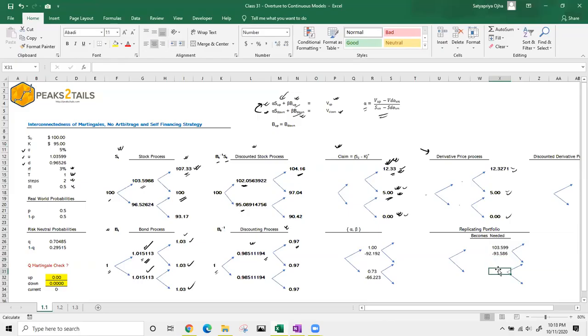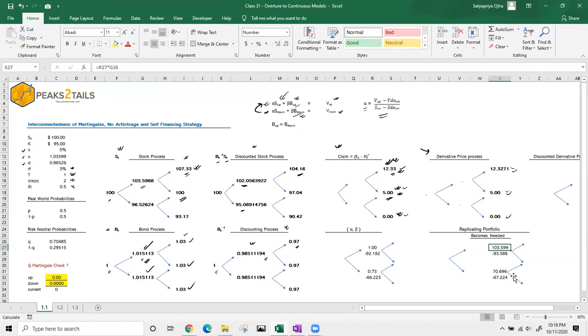Okay. Similarly, let's complete this one. This is equal to 0.73 times stock in this state. This is the stock portfolio. Bond portfolio is this times bond price. All right. Let's check if this actually becomes our derivative price. That was the whole intention.